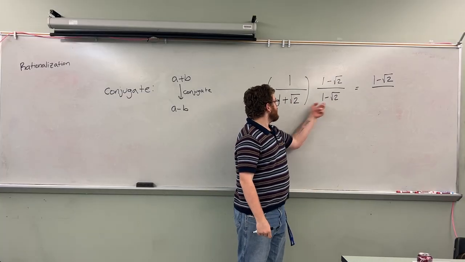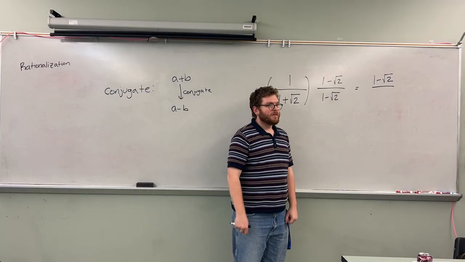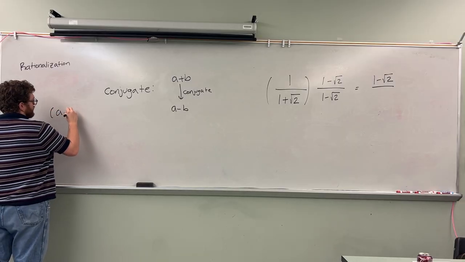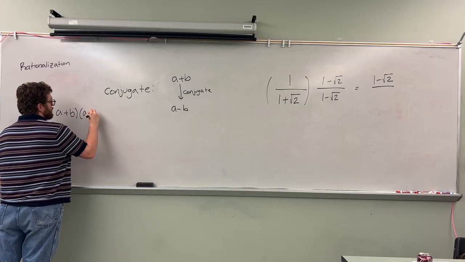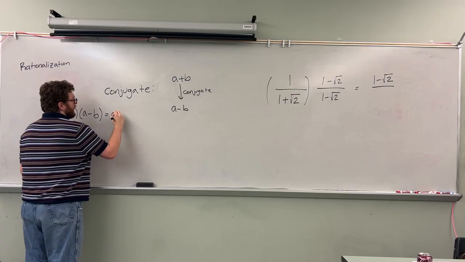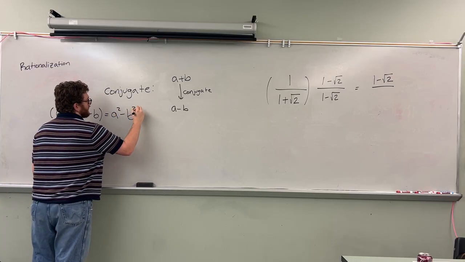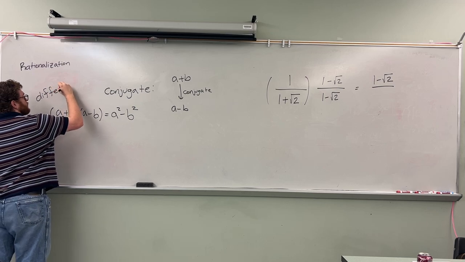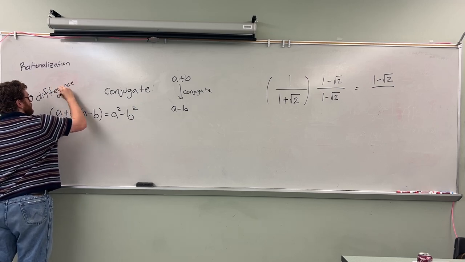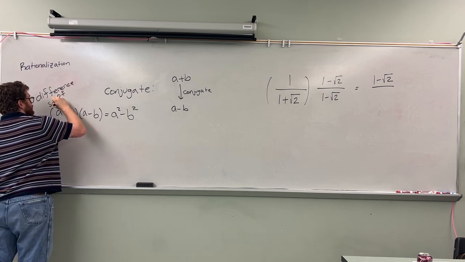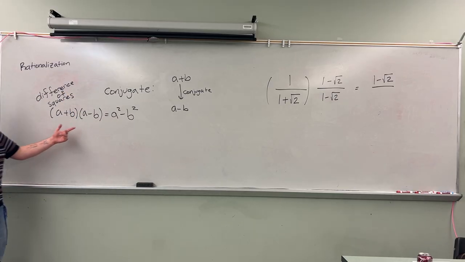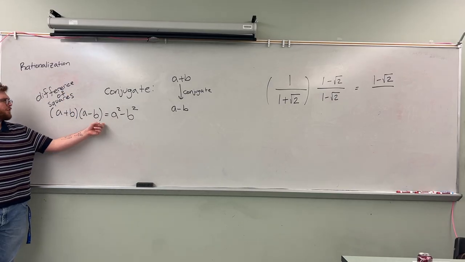And then one thing that you might remember is when I multiply a plus b times a minus b, I get a squared minus b squared. This is difference of squares. This is also useful for factoring things.